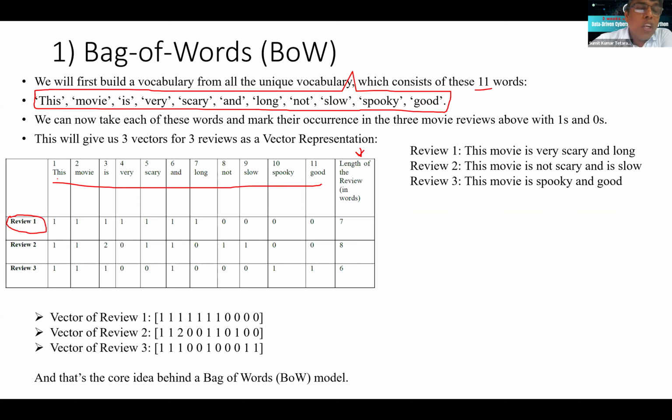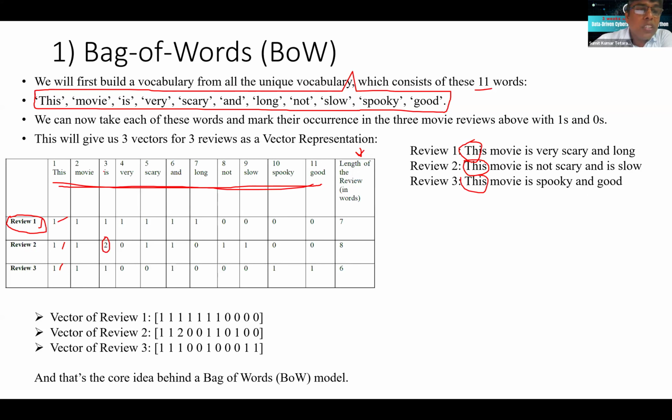Now we are going to check whether each unique word that we have described here is available in review 1. If you see, yes, it's available. Review 2, yes, it's available. Review 3, yes, available. That's why it's 1, 1, 1. If the value is more, suppose here 2.